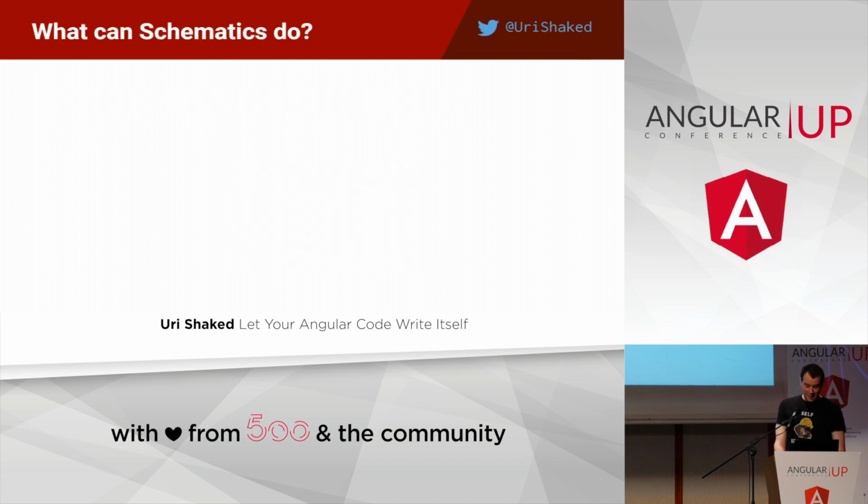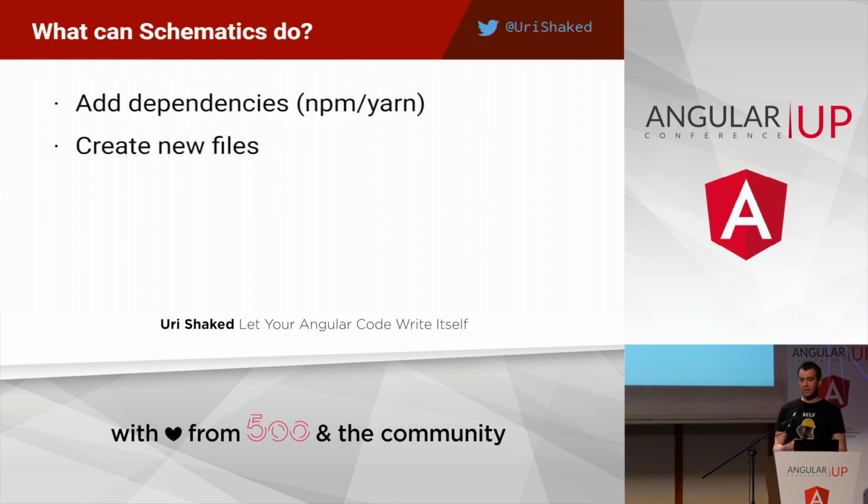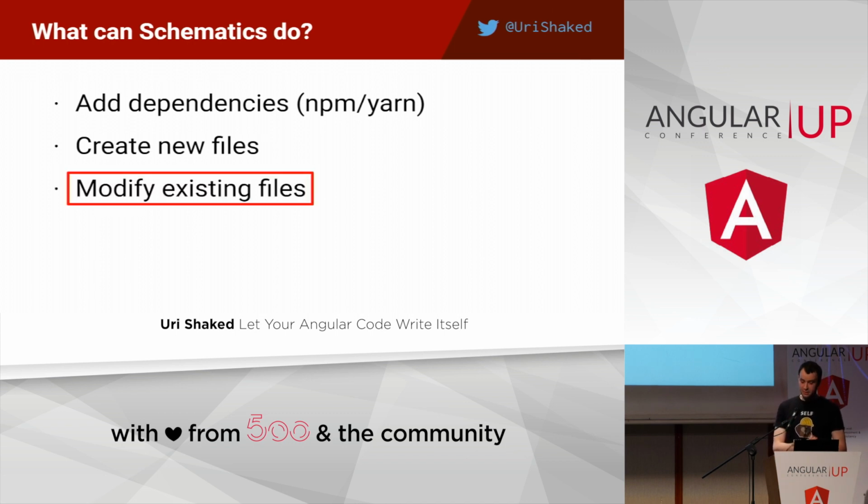So basically, as I said, schematics can add dependencies to the project. They can create new files from templates, like the template that was generated for the navigation. And they can also update existing files, which is the most challenging part that we are going to talk about today.